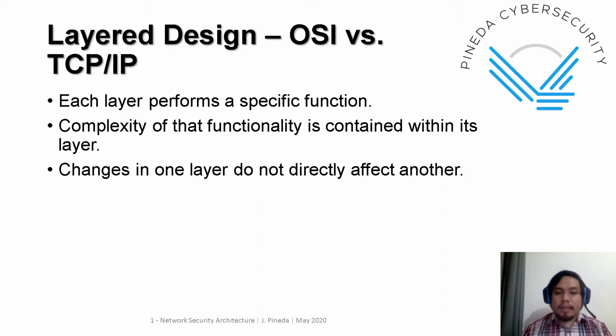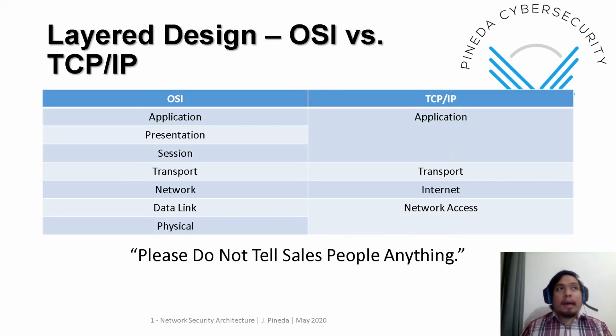So the changes in one layer do not directly affect another. Another key feature of the OSI, because TCP/IP is also called the Department of Defense model, because it came first and it's pretty straightforward if you look at the layers. But comparing it with OSI, it's called the reference model.